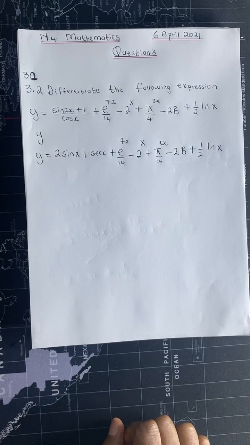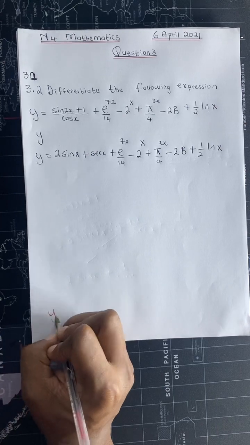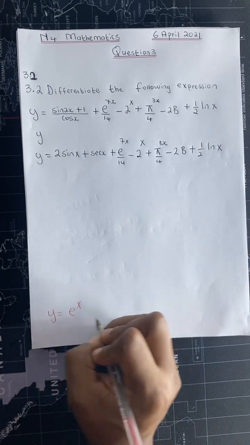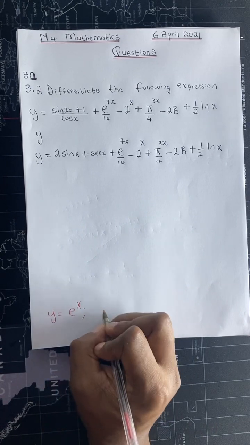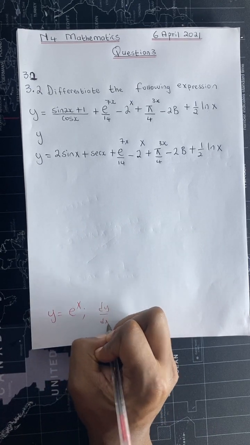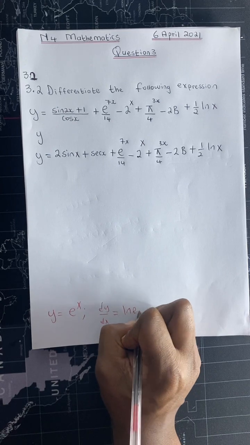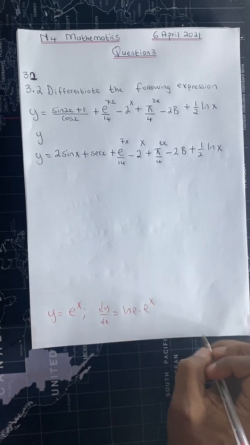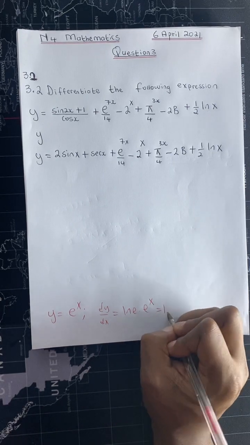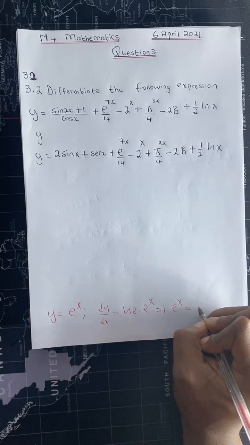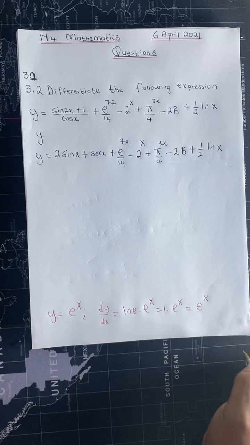So from here, if we had y is equal to e to the power x, when we differentiate it we get ln e multiplied by e to the power x. But ln e is equal to 1. So the derivative will just be equal to e to the power x.